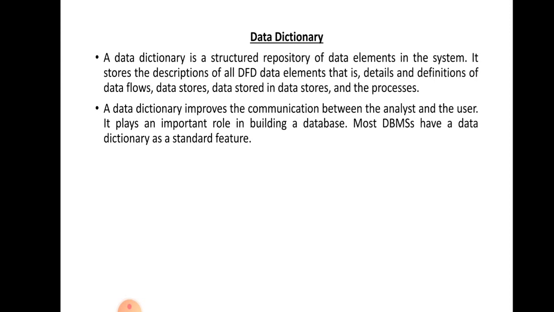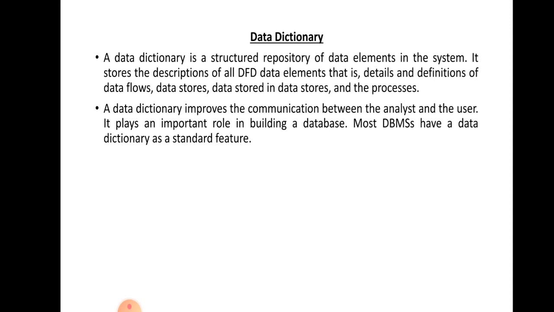So the data dictionary is used to store all information about a particular DFD, data flow diagram. In a data flow diagram there are processes, data flows and data stores. The data store information, the source and destination of particular data, process information and data flow information are stored in a particular repository, which is the data dictionary.